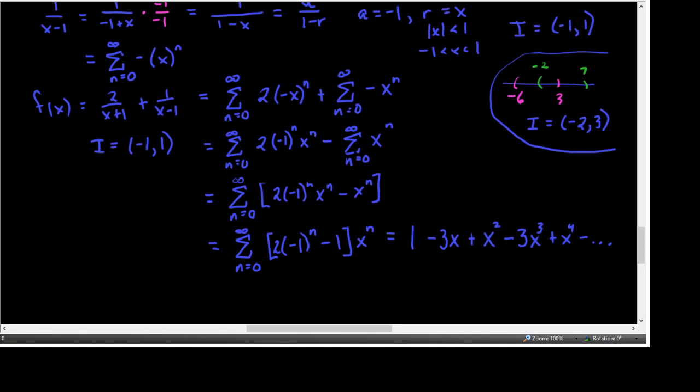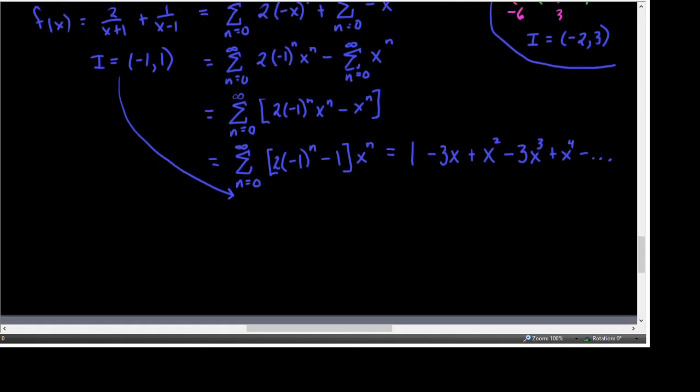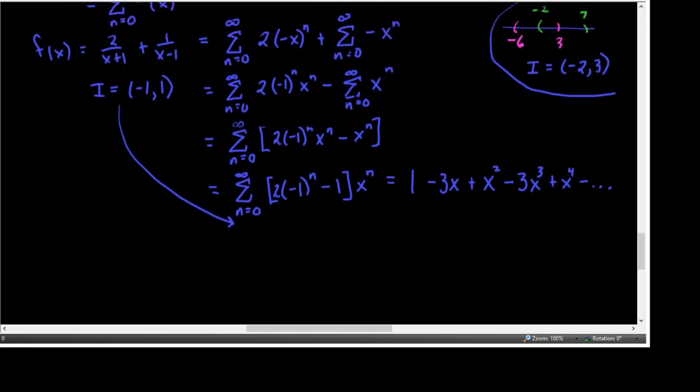And as already said, the interval of convergence for this series representation of f of x is from negative 1 to 1. So that function converges to that series for any x value between negative 1 and 1. That's what we're finding when we do that.